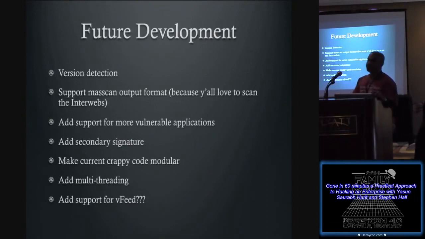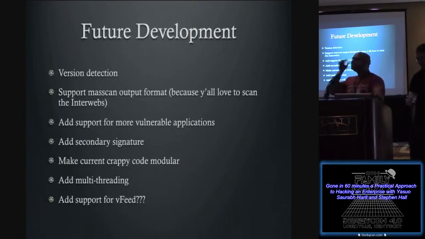Add support for obviously more vulnerable applications. Add a secondary signature. For some of the very common file or directory names like php/login.php, it's very generic, so we want to add a secondary signature so that we actually find what we want to find and not some garbage data.